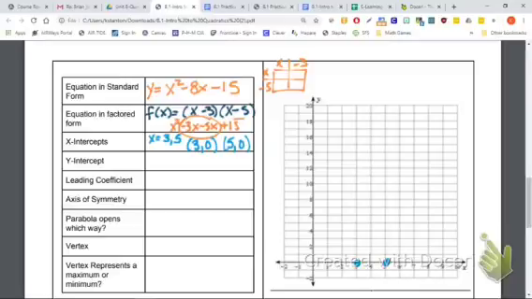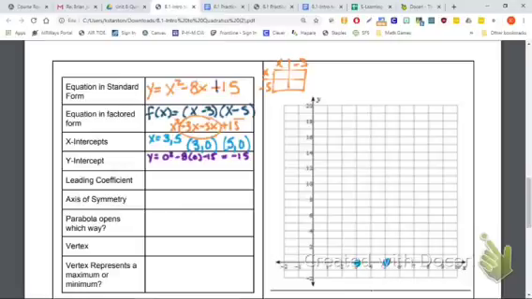Okay, the next thing I want to talk about is the y-intercept. Again, this is when x equals 0. So I'm going to say that y equals 0 squared minus 8 times 0 plus 15. And what I end up getting is negative 15 as the answer.